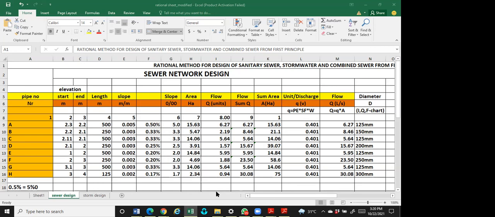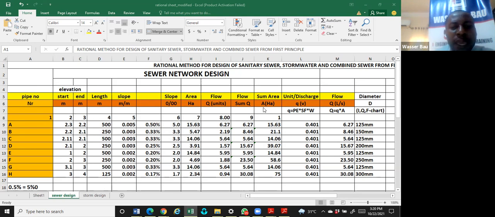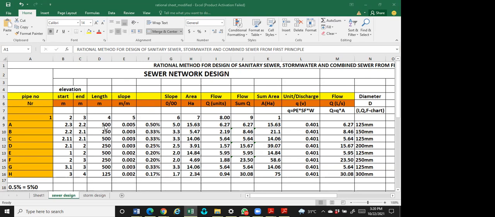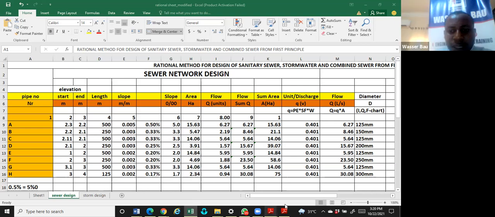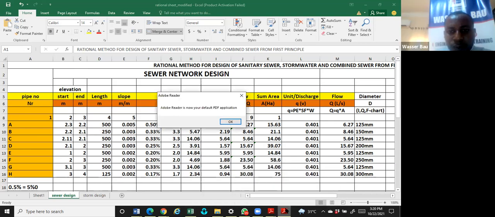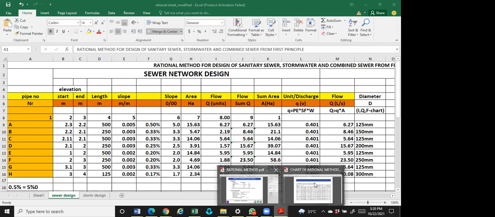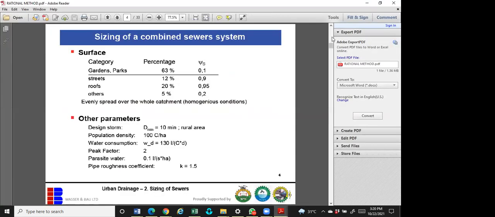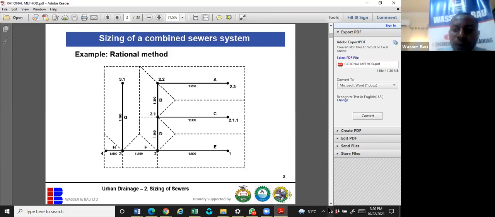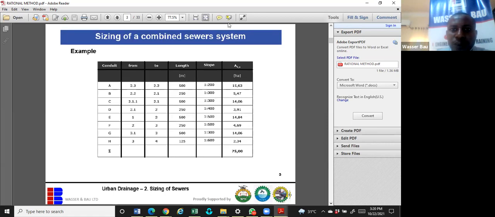So here, you will see that for pipe A, the beginning, the end, the length is here, and the slope is this. If you go to our table, here's our table.